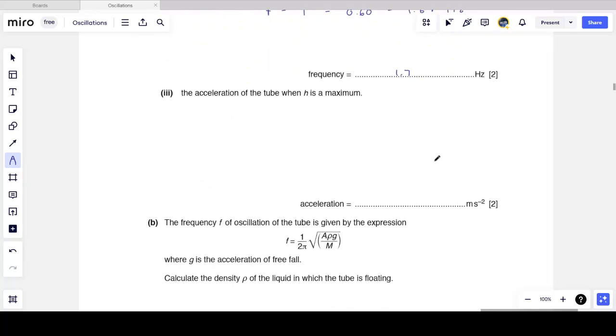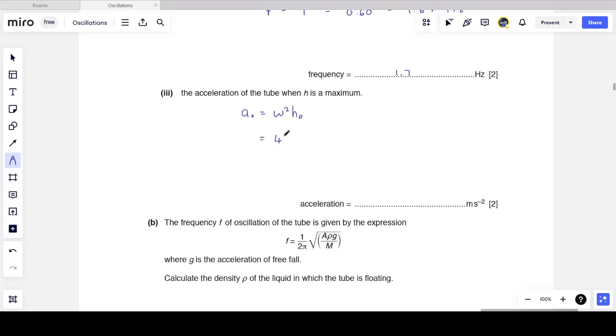Then we are told to find the acceleration of the tube when h is the maximum. So still, our regular equations of simple harmonic motion: a naught is equal to omega squared h naught. I'm just looking for the magnitude of the acceleration, so I can ignore the sign here, because they didn't say in which direction h is a maximum, so we're just expected to mention a magnitude.